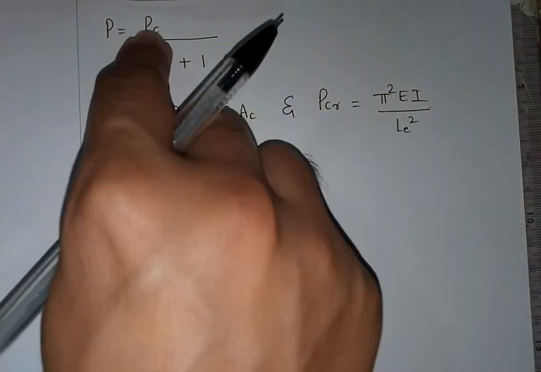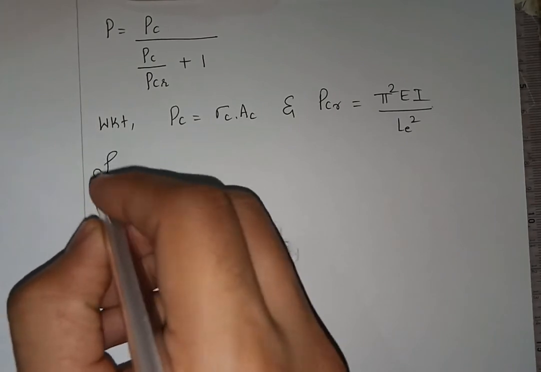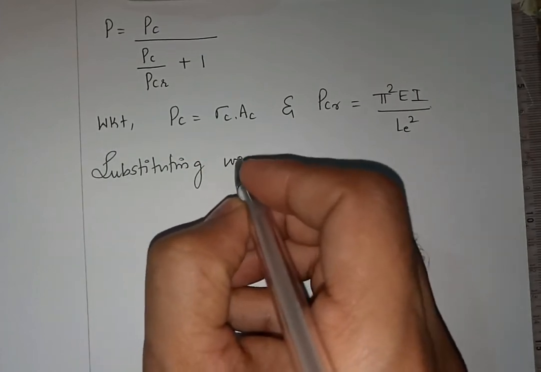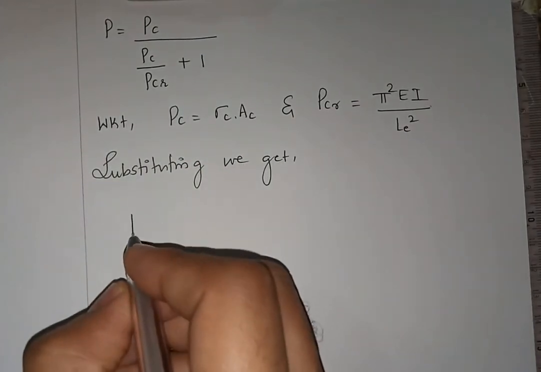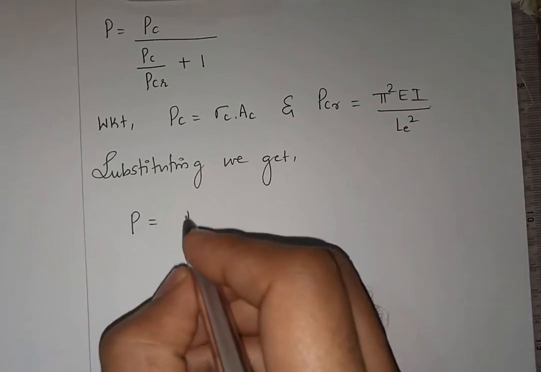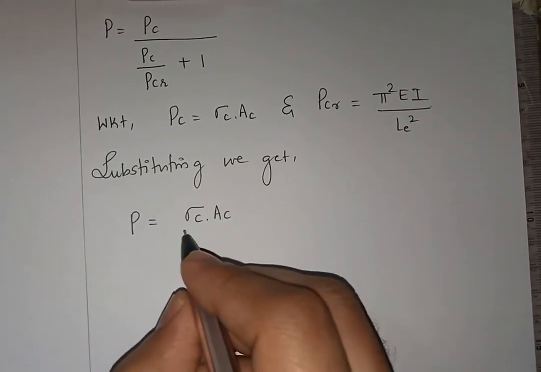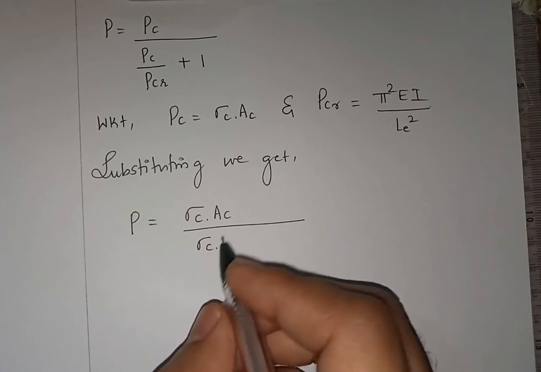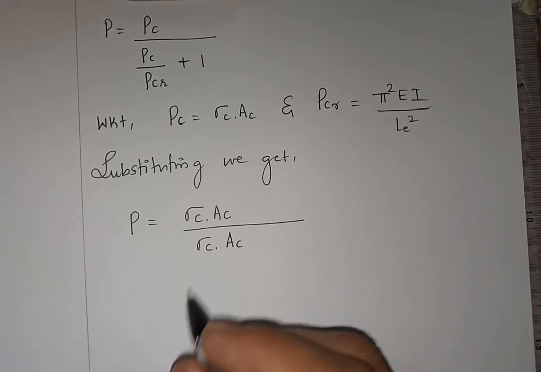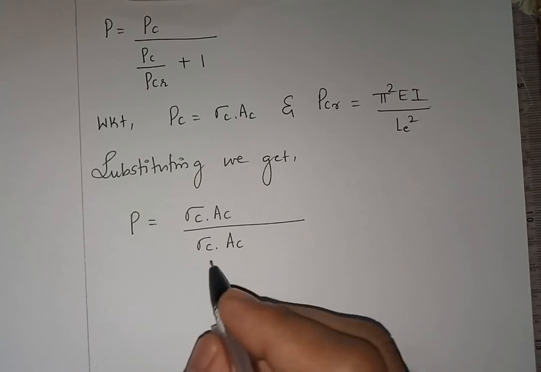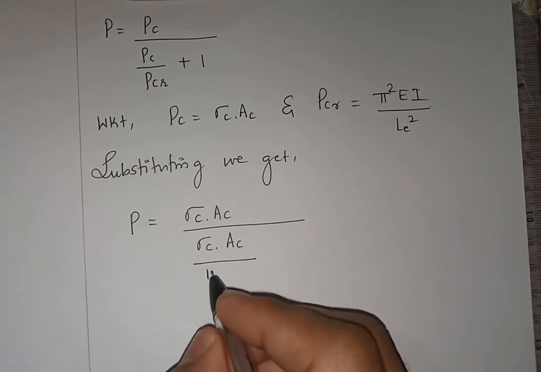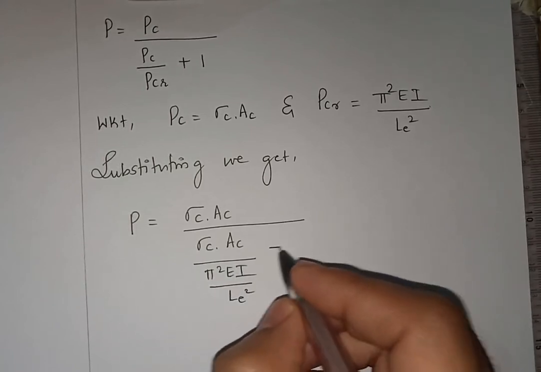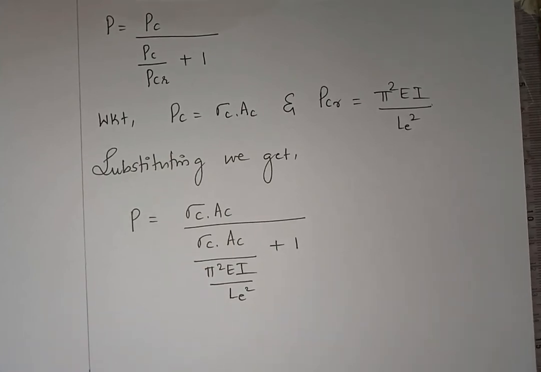Please substitute this into this. Substituting, we get P is equal to sigma C into AC divided by sigma C into AC, where AC is the cross sectional area, divided by pi square EI divided by LE square, plus 1. So this is what I get.